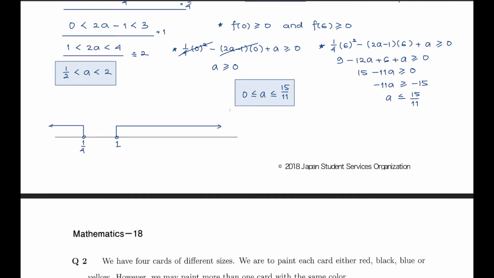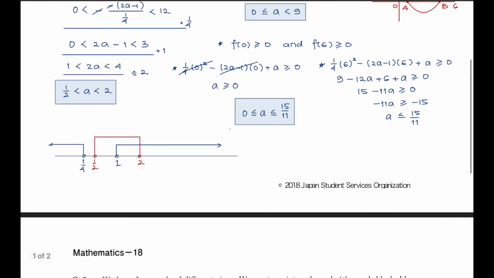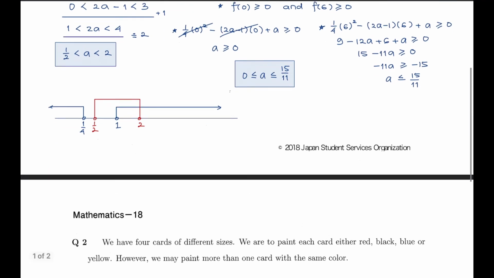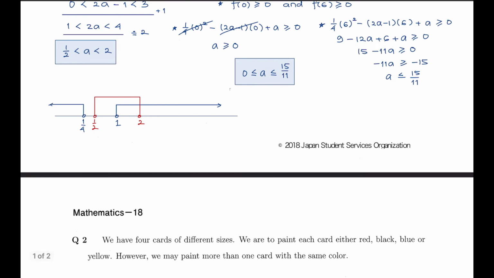Let's say this is half. I will use a different color. And this is 2. Between half and 2, this is the region. And then what is the third one? The third one is between 0 and 9. This is 0 and this is 9. Between 0 and 9 is this.